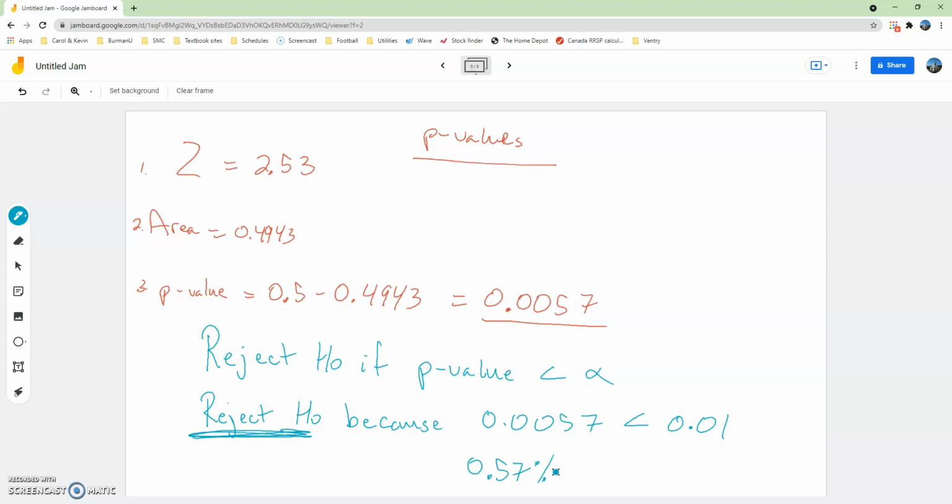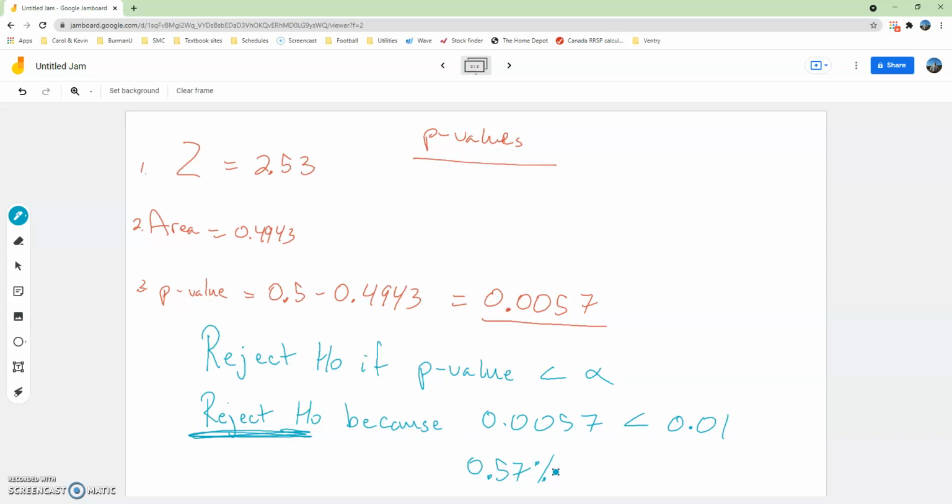So there's a 0.57% chance of witnessing something with this type of a difference between the sample and the population. So something must be wrong because it's a really, really small probability. And what is wrong is the hypothesis that the company claims to be true. So they are wrong, and that's why we are rejecting the null hypothesis.